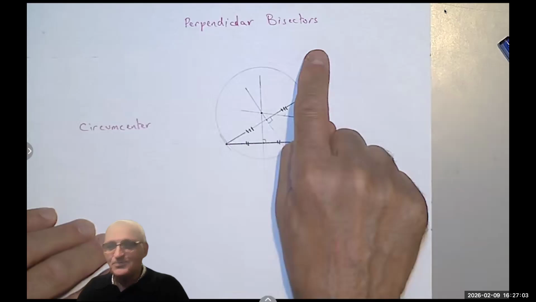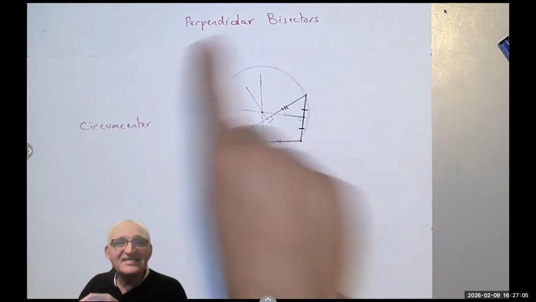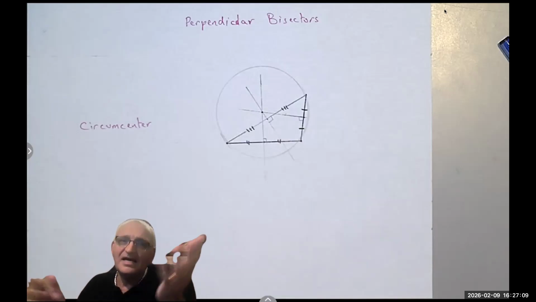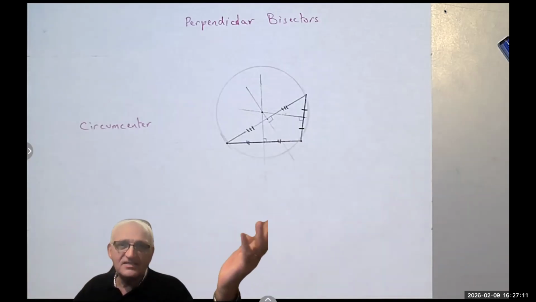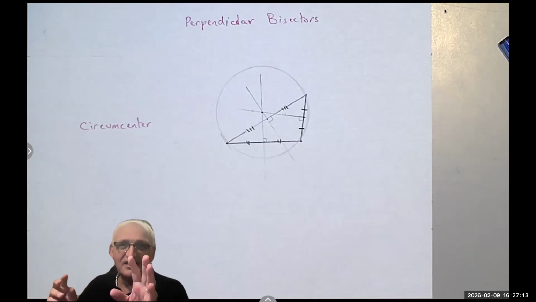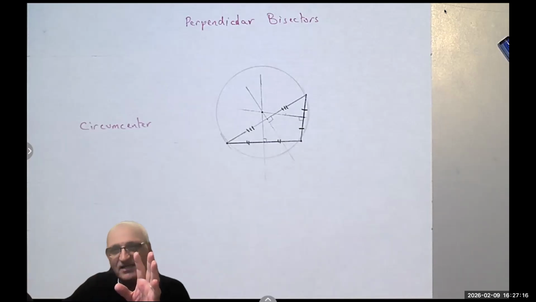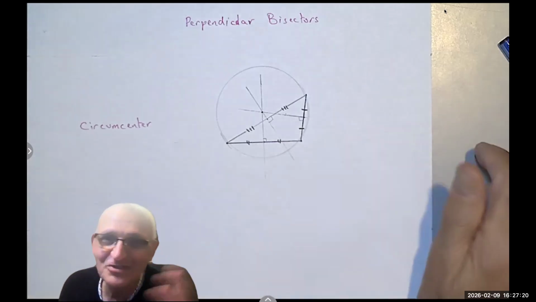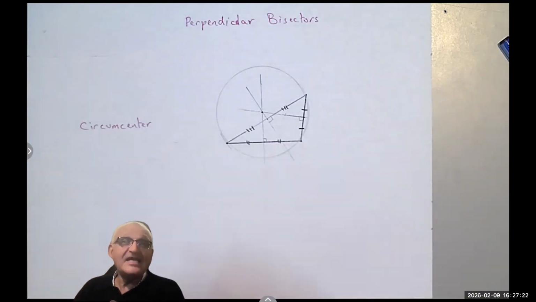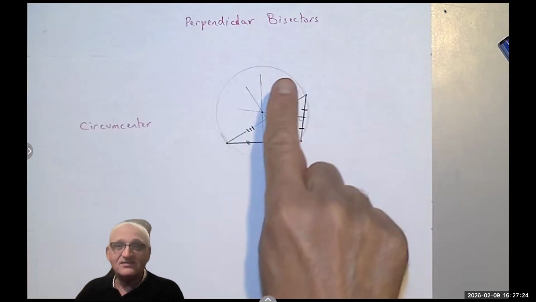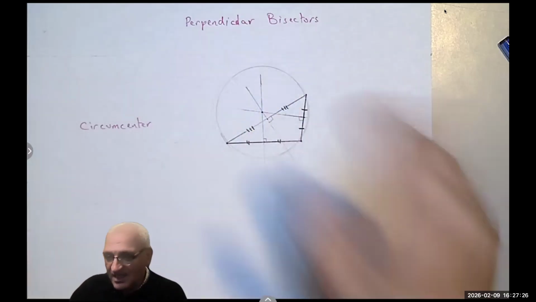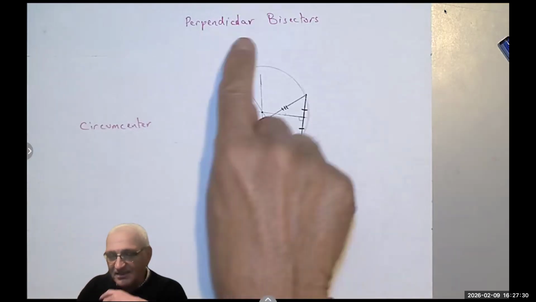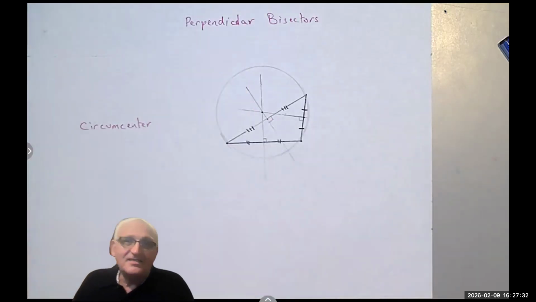This is probably the only one that has a unique name. We have angle bisectors, or if you say just bisectors, we understand it's angle bisectors. I was in a French school, so we had a name for the perpendicular bisector. When we say bisectrice, we mean an angle bisector, and this one was called the mediatrice.